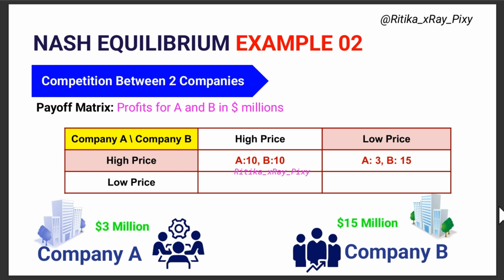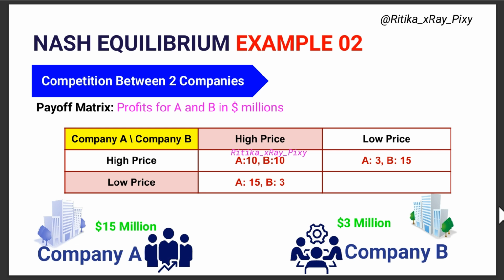And the third case is similar: if company A sets low price and company B sets high price, then we have the values 15 and 3. By setting low price, company A is making $15 million and company B is making $3 million. Fourth case, when both companies set low price, they engage in a price war and it reduces the profit to $5 million each.